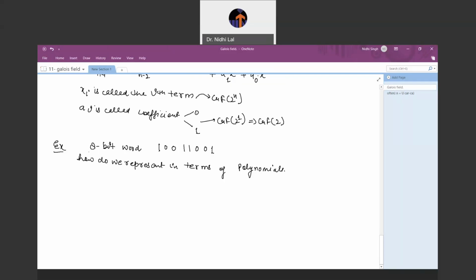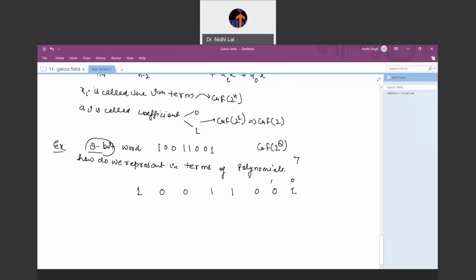So what is the meaning of an 8-bit word? An 8-bit word means we are talking about GF(2 to the power 8). Then what will be the highest degree? The highest degree should be 7, right? So what is my coefficient value? 1 0 0 1 1 0 0 1.